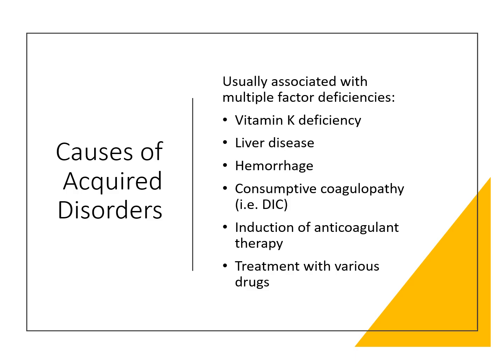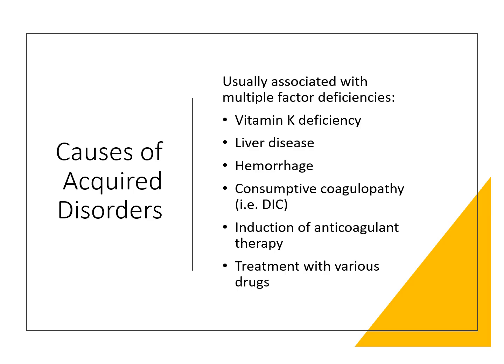Acquired disorders of coagulation are usually associated with multiple factor deficiencies, and that could include vitamin K deficiency. So if you remember, we talked about the vitamin K dependent factors, so factor 2, 7, 9, and 10. Those are going to become decreased if we have a vitamin K deficiency.